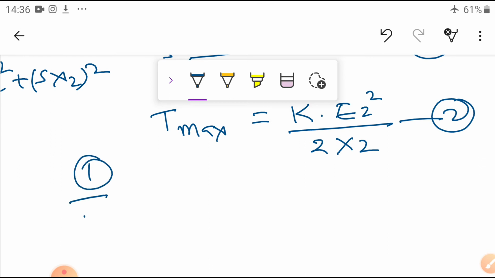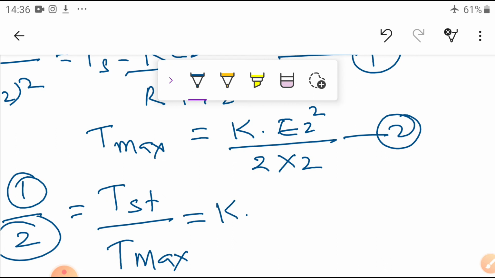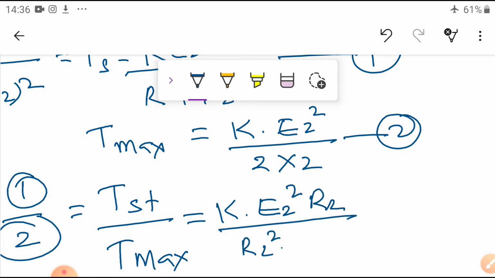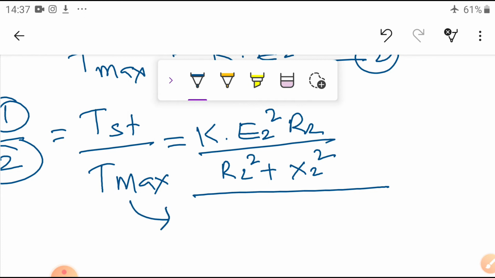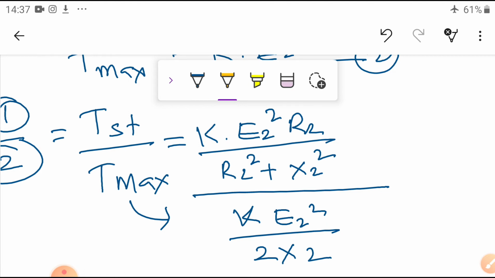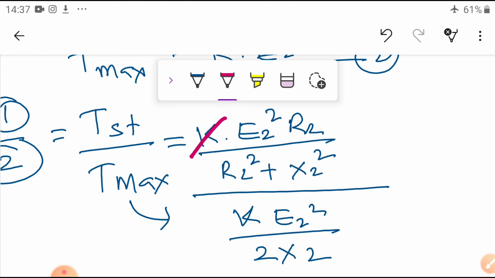So the T starting divided by T max is equal to, substituting the values, K into S equal to 1, then E2 whole square R2 by R2 whole square plus X2 whole square, divided by K into E2 whole square by 2 X2. Then your K value gets cancelled, E square and E square get cancelled.